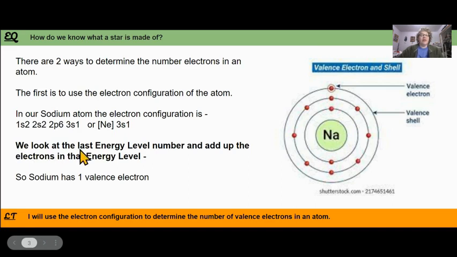What we do is we look at that last energy level number, right? So in this case, our last energy level is 3. So we look for that number, and here's our 3. And we add up all the electrons that have that first indicator. So 3s1, that means that sodium has 1 valence electron.